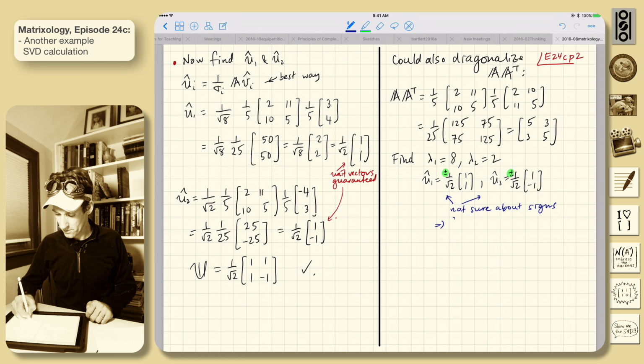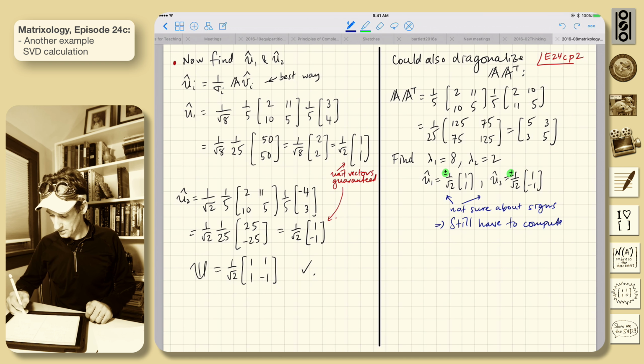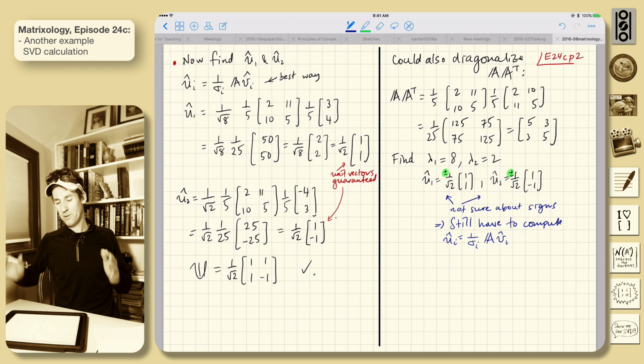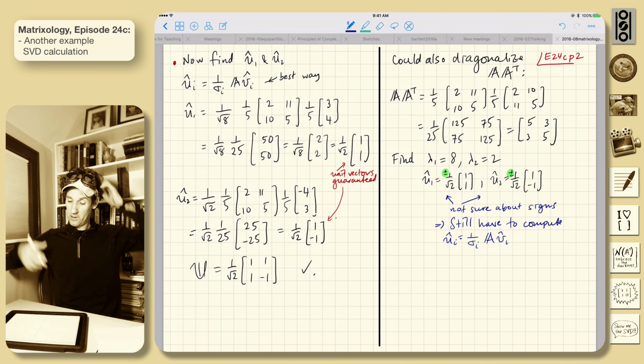So we'd still have to compute this business here. So essentially, ui equals 1 over sigma i times A times vi. So that's a good thing to understand.